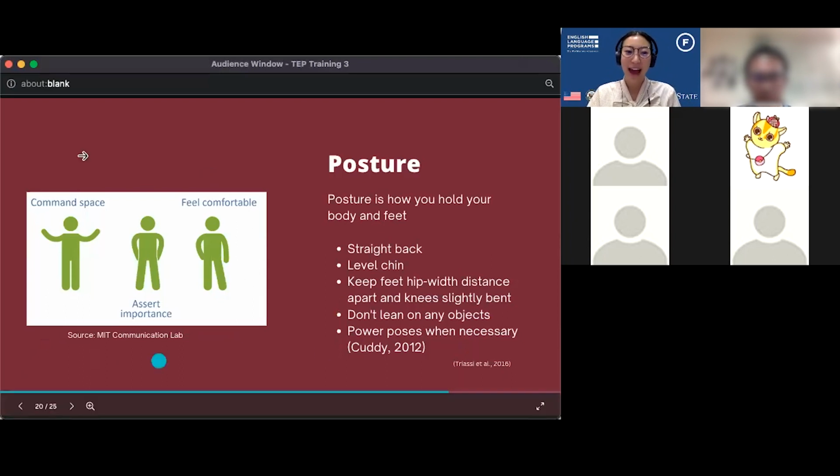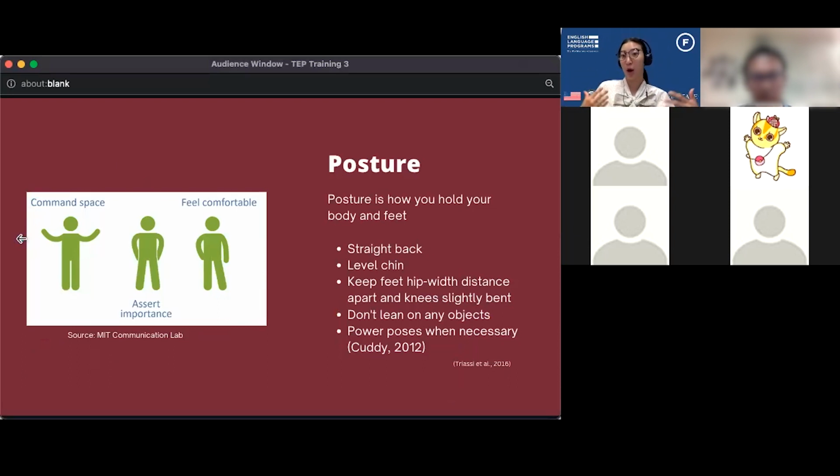So, power poses. Now, Dr. Cuddy researches body language, and she noticed that there are certain poses that will help to build confidence. These are poses you do before the speech, not during the speech.